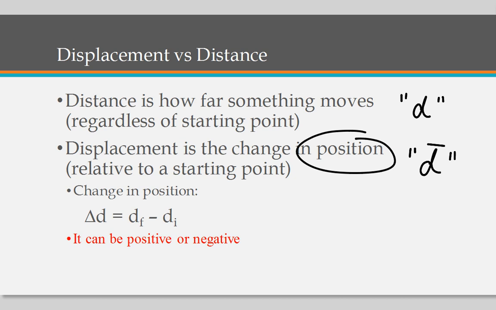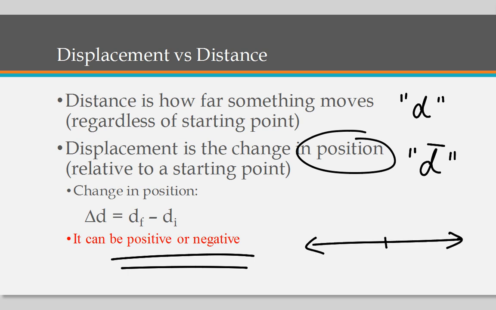And then typically, just to make things easy, we just define a certain set of rules. So for example, I might say that if this is my middle, then I'm going to put positive values to the right and negative values to the left. Okay, and that's just a convention. It doesn't have to be that way. You could definitely say that the right is negative and the left is positive.